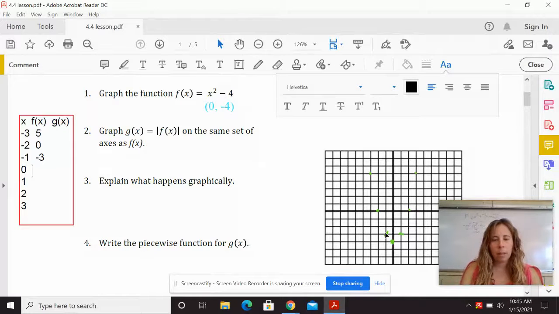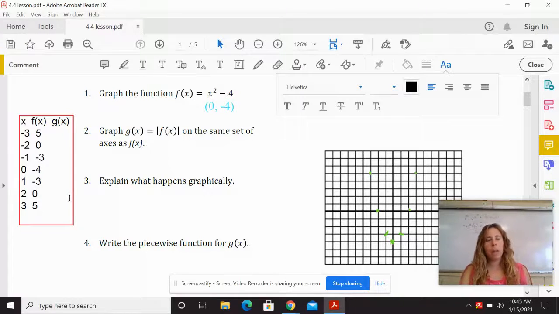Then when x is 0, negative 4. And then it's symmetrical, so your y values are going to be the same, or you can keep looking at your graph. So 3, 0, and 5. Okay, made a table.